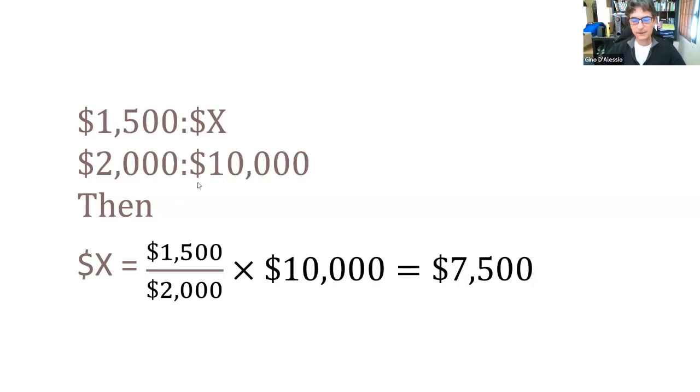There's a very simple way to solve this problem, because apart from the maximum drawdown being perhaps too high, at 20%, you could tweak this a little and decide to trade the amount of capital that you would need so that you would only lose 1,500. So you do an equivalence: 2,000 to 10,000 is the same as 1,500 to 7,500.